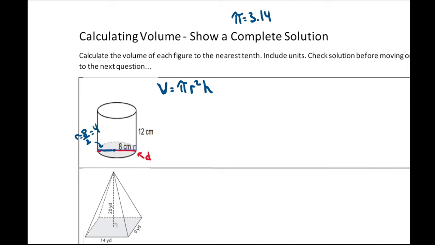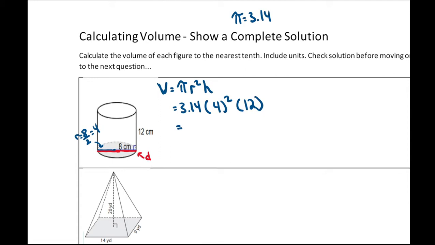I'm going to draw in this line here just so we know. The diameter is the distance across. The radius is half of that, or 4. I already know my height. It's given to me. So in this case, I can just do 3.14 times the radius squared, and then times the height, which is 12.